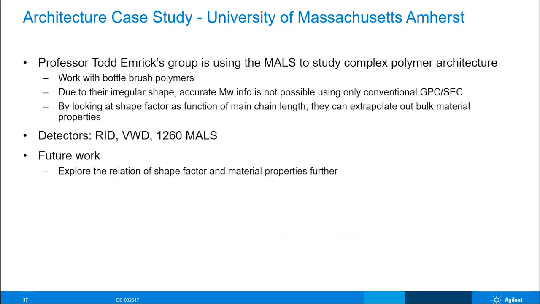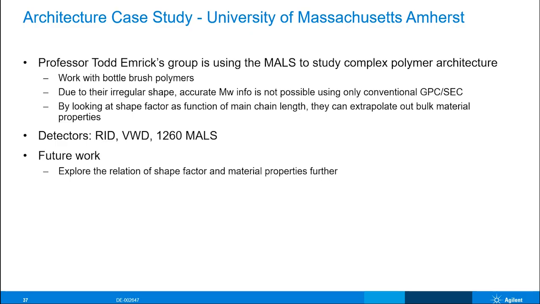You'll see this transition from something that behaves more like an ideal coil that becomes rod-like and then shrinks back almost towards that ideal coil again. By using shape factor and by getting the absolute molecular weight, they're really maximizing what they can do with multi-angle light scattering. In their case, they're working with a refractive index detector and a UV detector in the 1260 MALS. Their RH calculations are coming off of a benchtop DLS, and we'll show some published work from here.